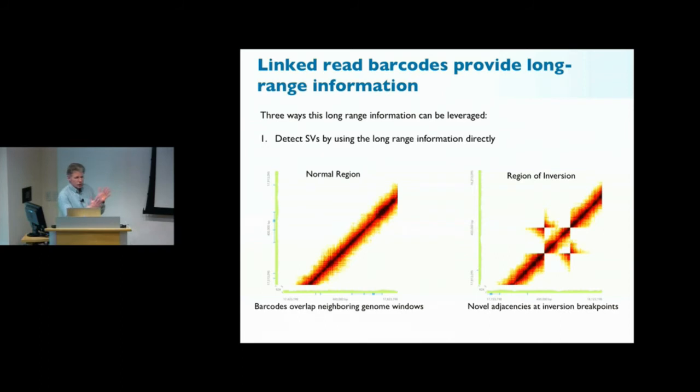That's what the plot on the left is showing. But when you have a structural rearrangement, you'll get distinctive patterns of the barcodes not being where they should be. The molecule doesn't look contiguous when you line it up to the reference. So on the right, this is a distinctive pattern you would get from an inversion if the person was homozygous for the inversion.